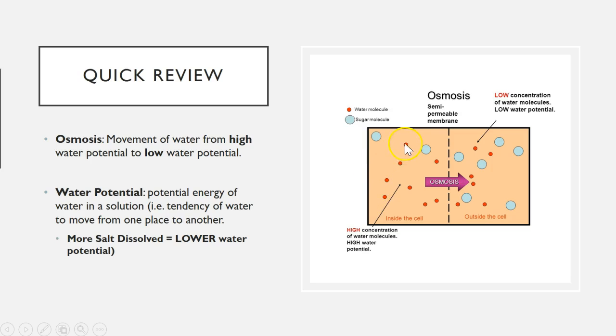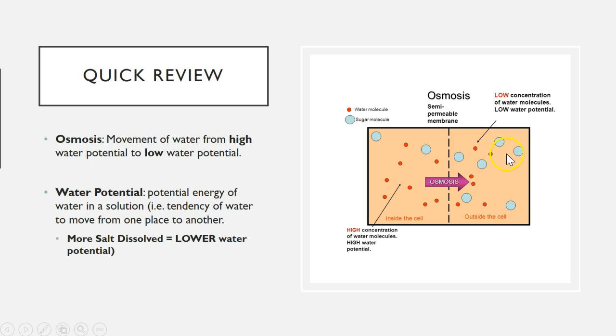There are more water molecules than there are sugar molecules in this case. We would think about it like salt, but it's the same concept. On this side of the semi-permeable membrane, there are more water molecules, so this would be considered a high water potential because there are more water molecules here than salt molecules.